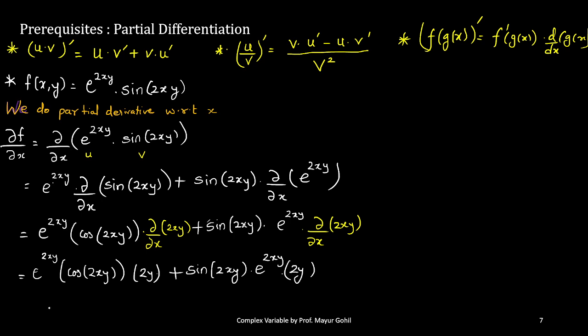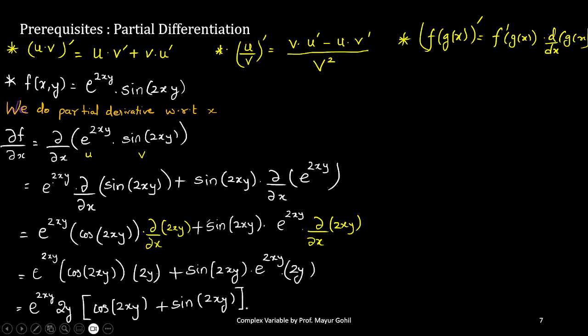So my final answer for this is e to the power 2xy, and 2y which is already there, you take it outside the bracket, and here you will have cos 2xy plus sine 2xy. This is the answer for the partial derivative when taken with respect to x.